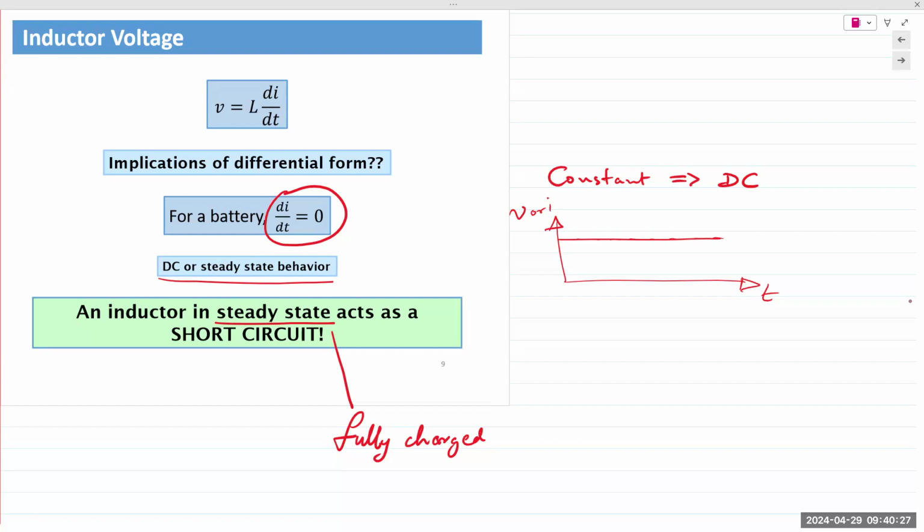At a certain point, that magnetic field in the inductor reaches full charge. It can store as much energy as its capacity allows. After that point, the current flows freely, meaning there is no opposition to the flow of that current. It acts like a short circuit.